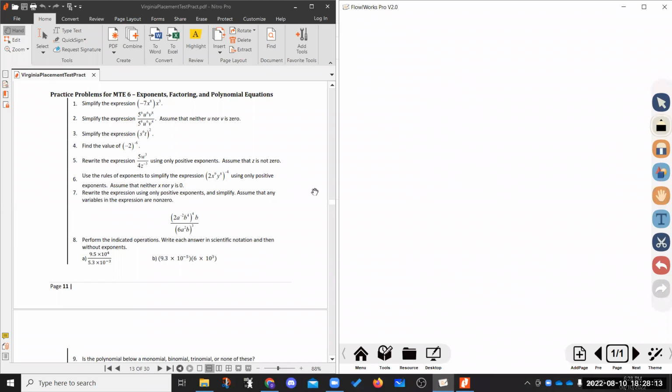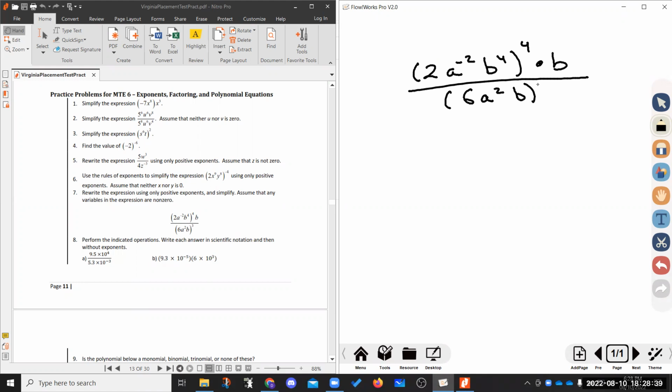Now we want the numerator to have the quantity 2a to the negative 2 b to the fourth, and that's going to be raised to the fourth power, then multiplied times b, that's the end of my numerator. My denominator is going to be the quantity 6a squared b, close the parenthesis, all that raised to the third power. So let's go ahead and simplify.